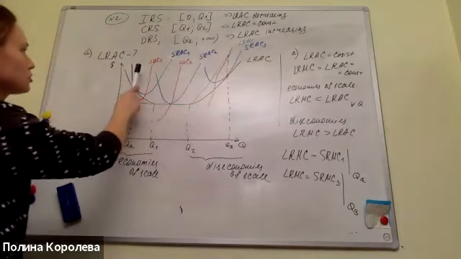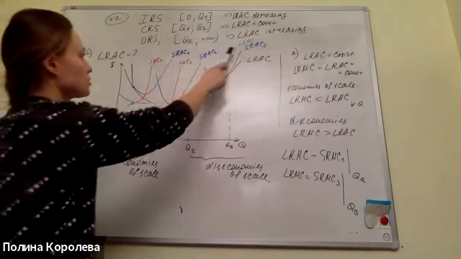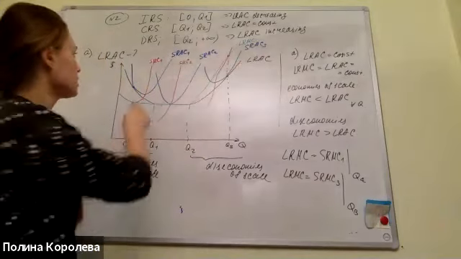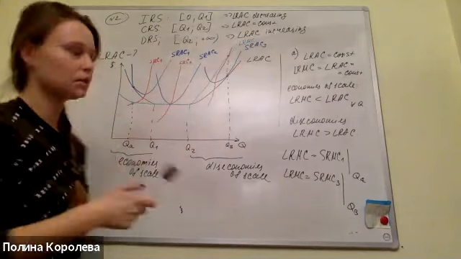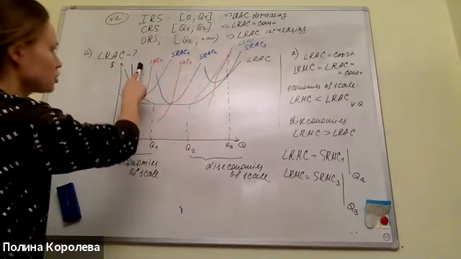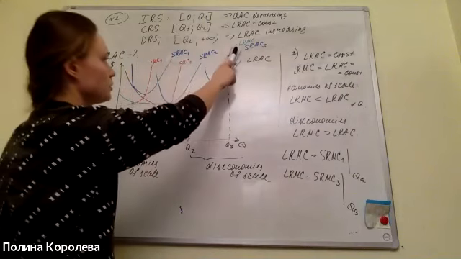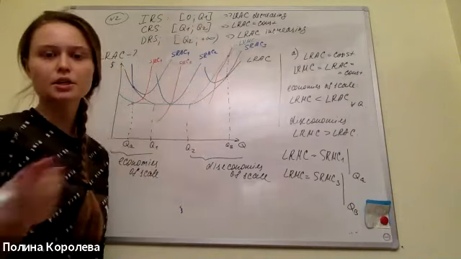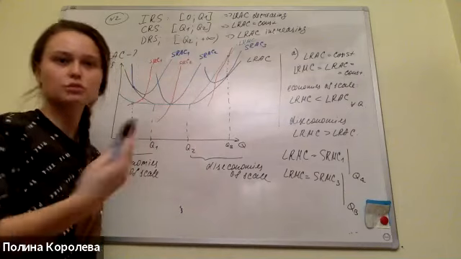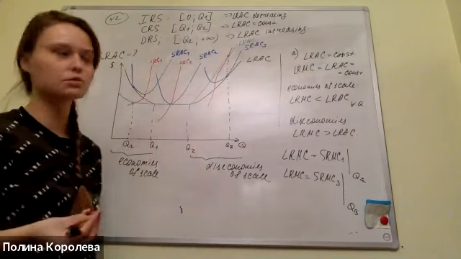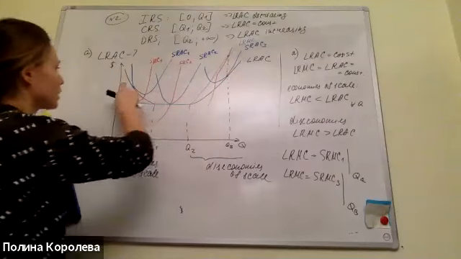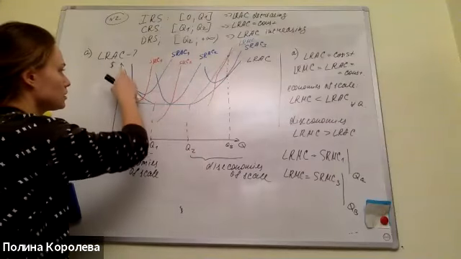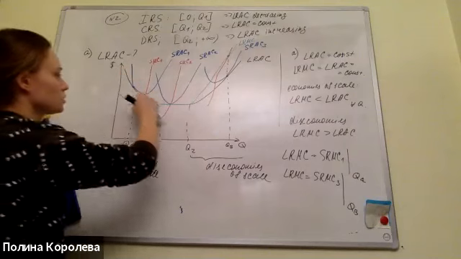Because short-run average cost 1, average cost 2, average cost 3 are all for different amounts of capital. This is for one machine, this for 2 machines, this for 3 machines. But in the long run, we can switch from 1 machine to 2 machines. Yes, that we cannot do in the short run. That's why when we go to the long run, we take the lowest costs.